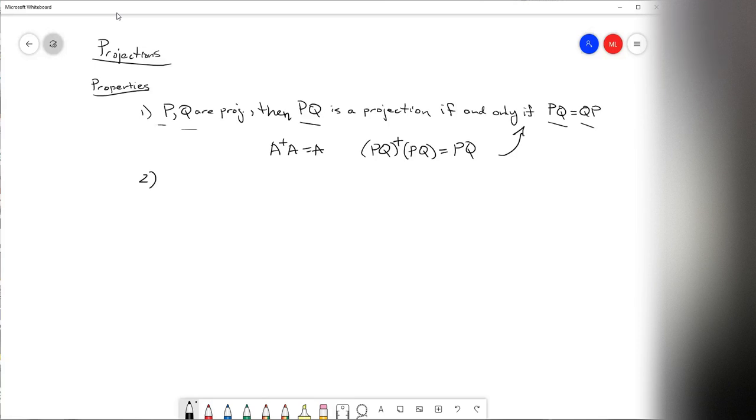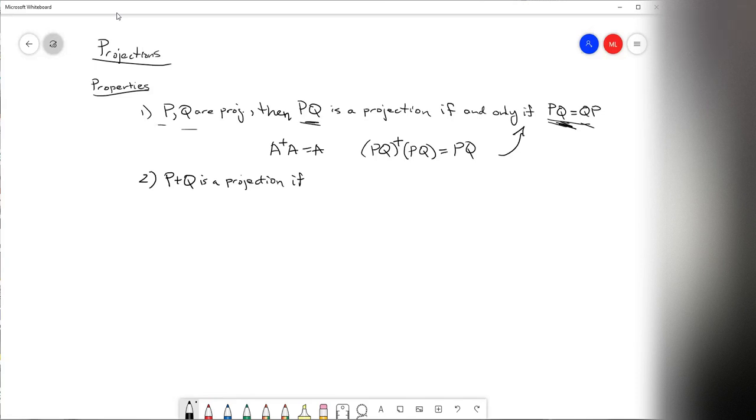Similarly, P plus Q is a projection if and only if, and the only if means that if these commute, then it's a projection. If it's a projection, then it also commutes. So they're equivalent things.